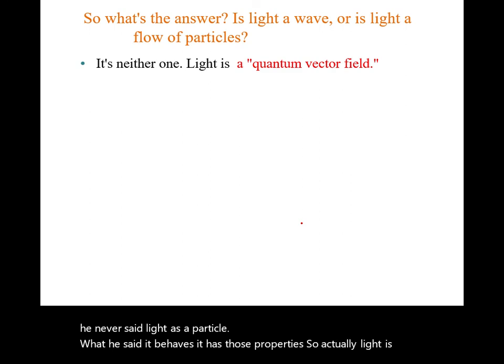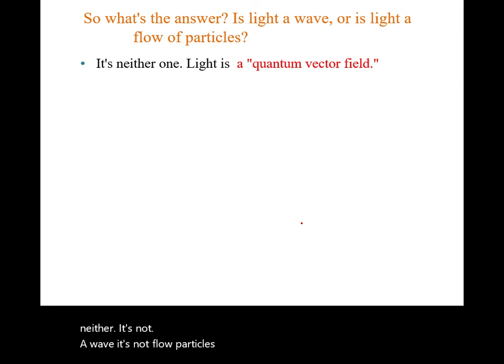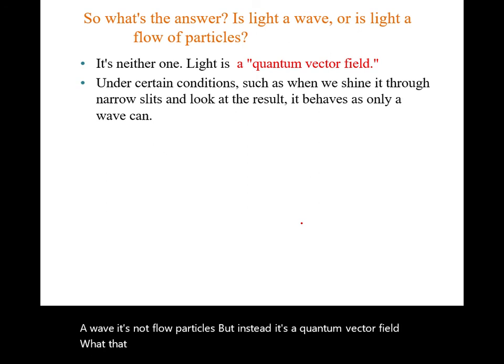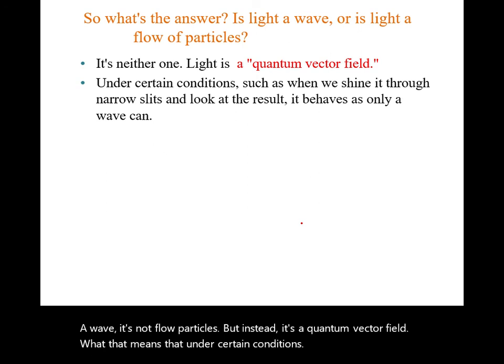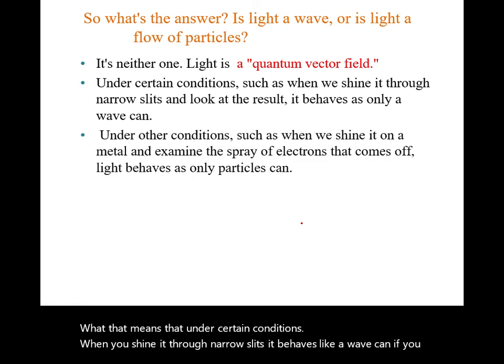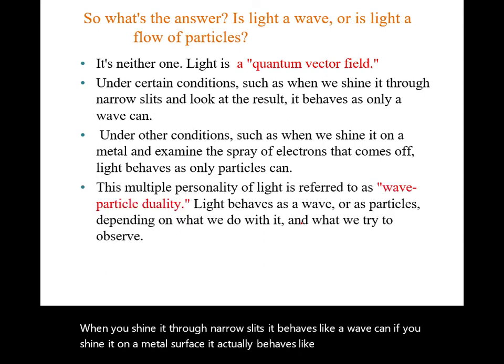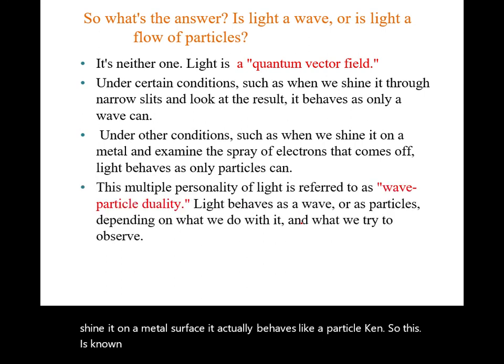It's not a wave, it's not a flow of particles, but instead it's a quantum vector field. What that means is that under certain conditions, like when you shine it through narrow slits, it behaves like a wave can. If you shine it on a metal surface, it actually behaves like a particle can. So this is known as the wave-particle duality.